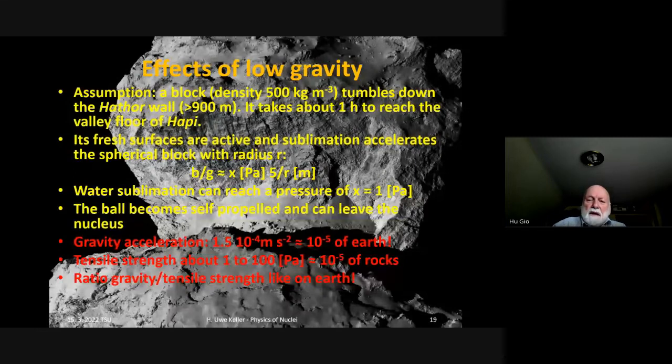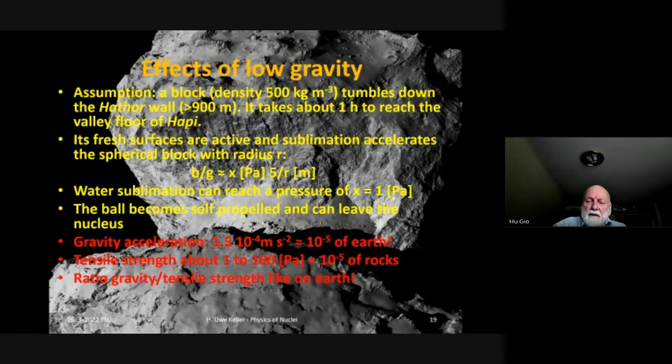Let's assume that you liberate a block of material with a density of 500 kilograms per cubic meter, and let it tumble down from the rim of the wall, and it will take 1 hour for the block to reach the bottom, down 900 meters.